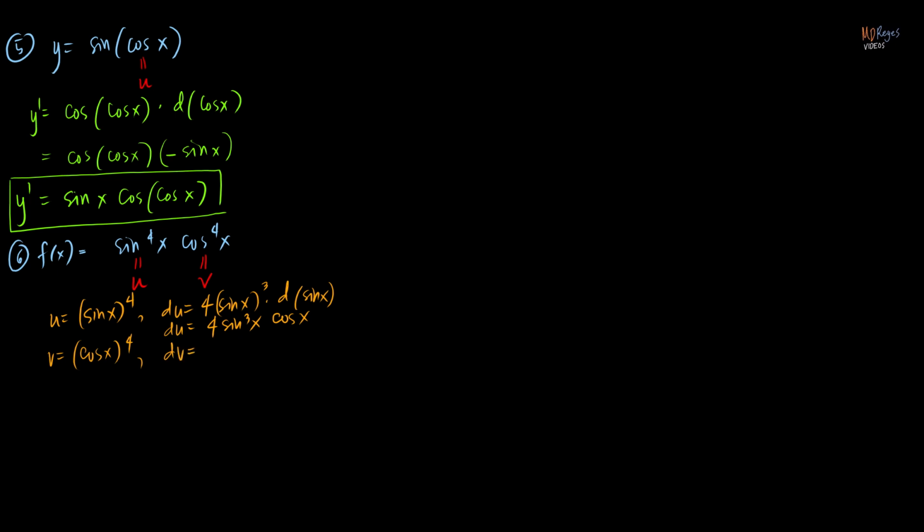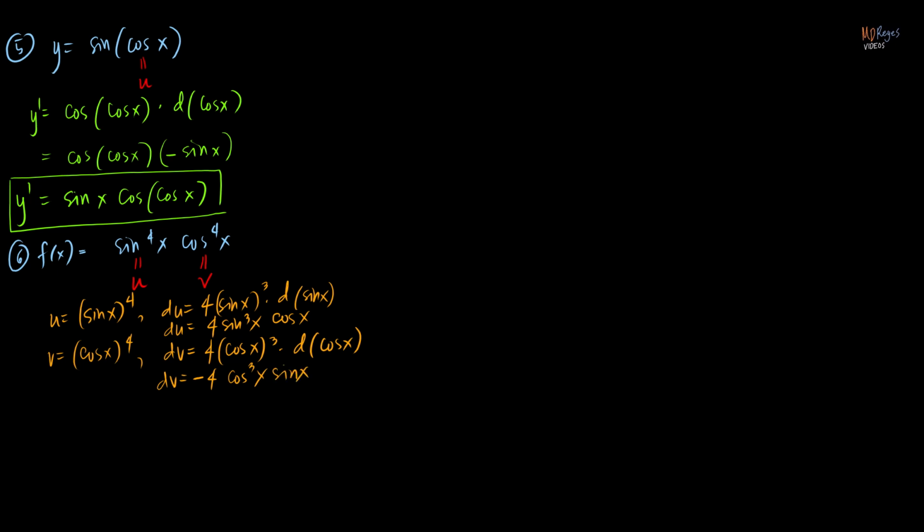Well, dv, using the same rule, general power rule, is 4 cosine x cubed times the derivative of the base, this time the derivative of cosine x. So dv is equal to 4 cosine cubed x. The derivative of cosine x is negative sine x. So I'll just write negative 1 sine x.